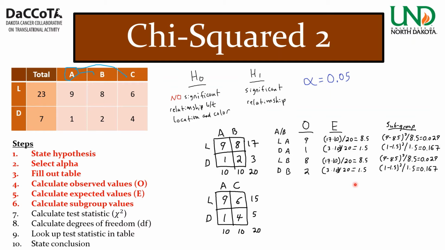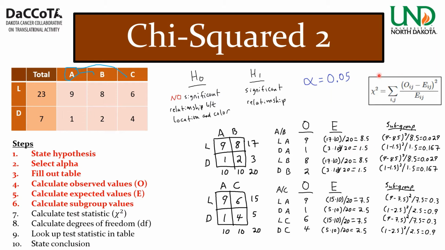Then from there, we can get the subgroup. I want to throw this down here, but I want to pop this up here. The subgroup is essentially this first thing here, for the group light in section A, and that's the first summing, and then the second one is dark in A, and so forth.